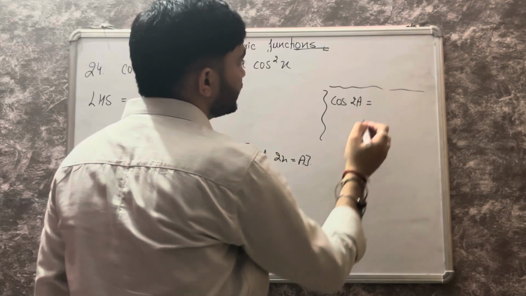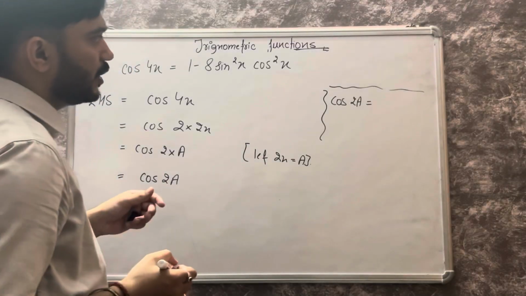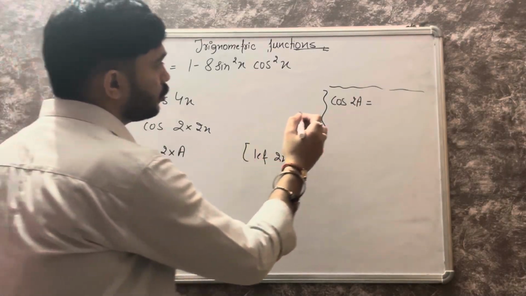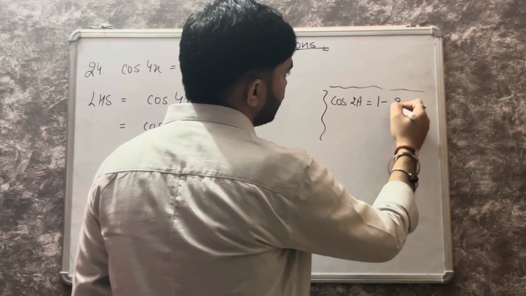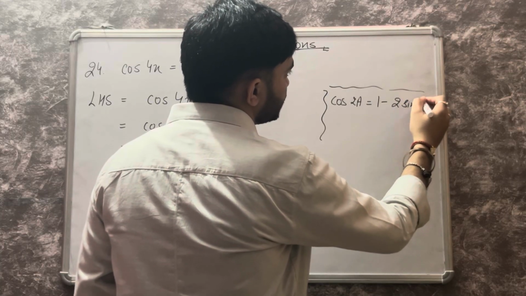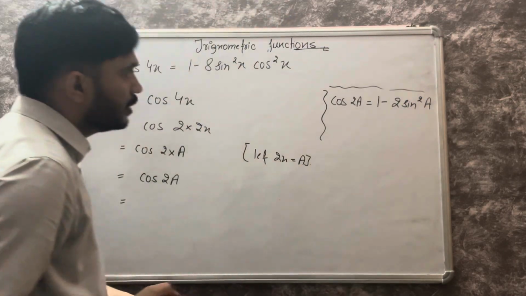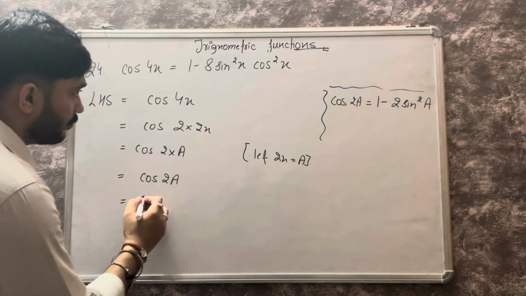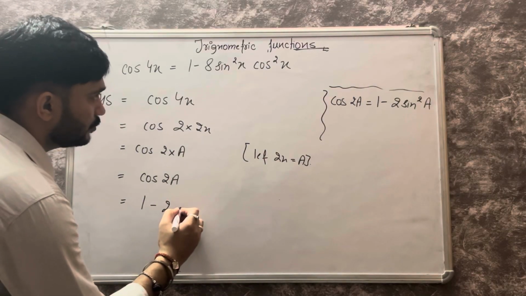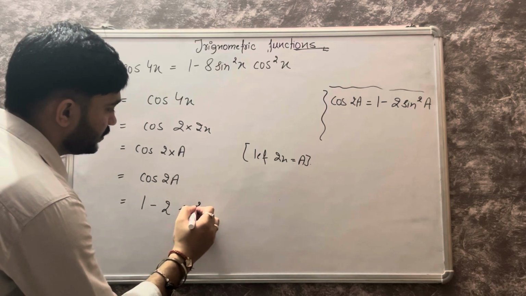Cos 2a has generally three formulas, but we are going to use its second formula, that is cos of 2a is equal to 1 minus 2 sine square a. Thus it will become 1 minus 2 sine square a.